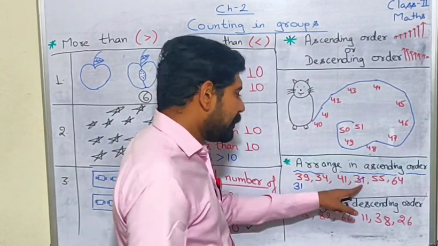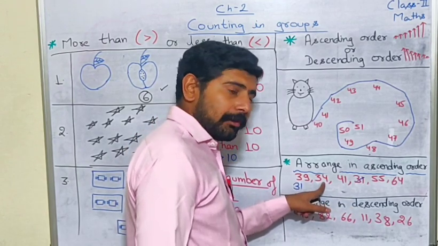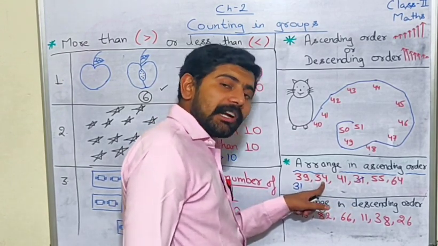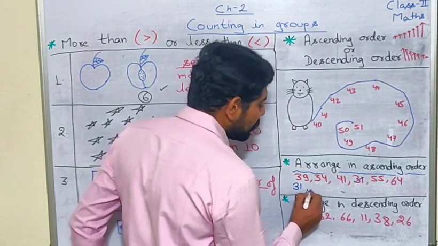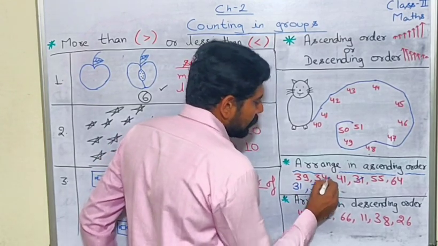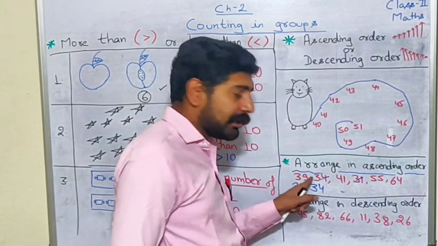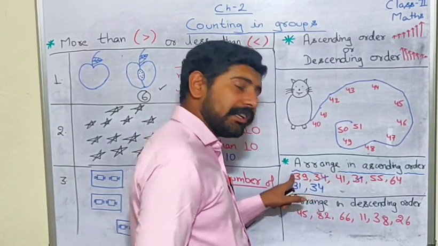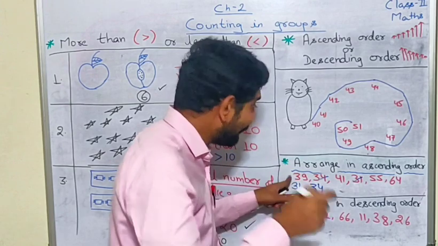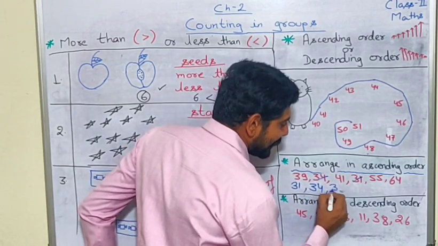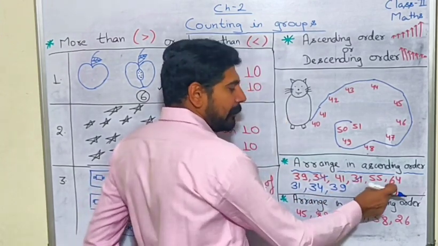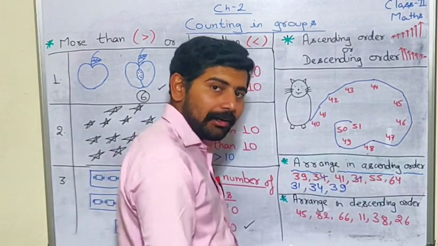Okay. Then which number was there after 31? 34 should come after 31. Okay. Then which number is bigger than 34? 41 or 39? 39. Very good. 39. Then which number will come? 64, 55 or 41?